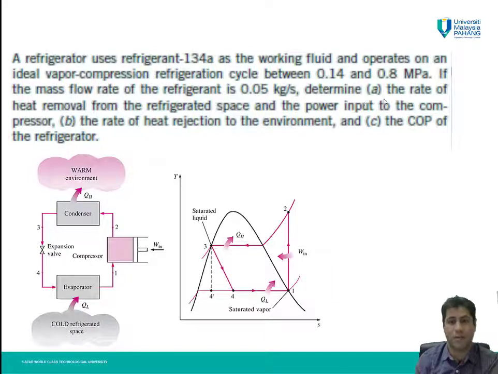The different parts of the question mean we need to find QL, W in, QH, and also COP, which is the ratio between the QL and W in. Here, to determine these three parameters, we need to know the change in the energy in the cycle in different processes.